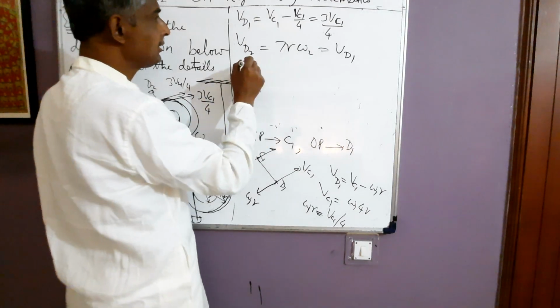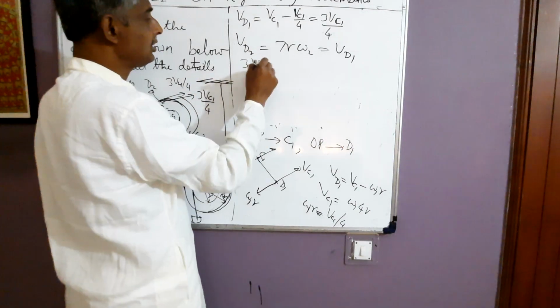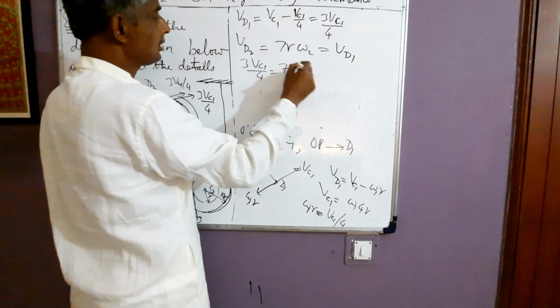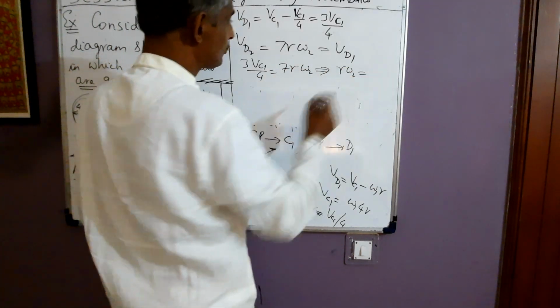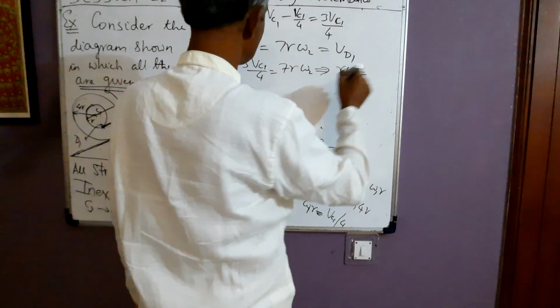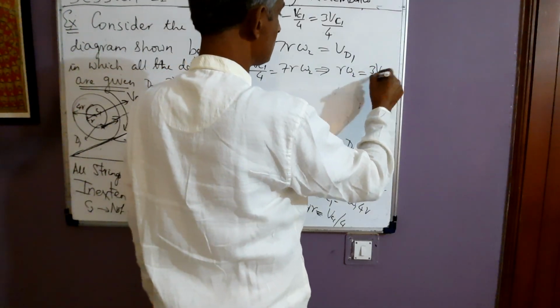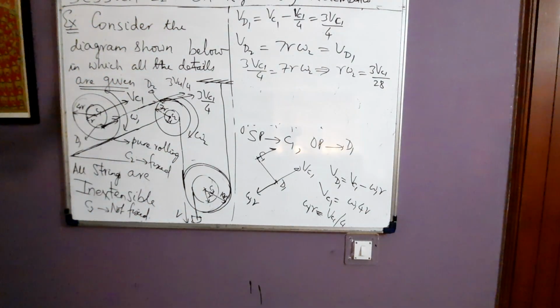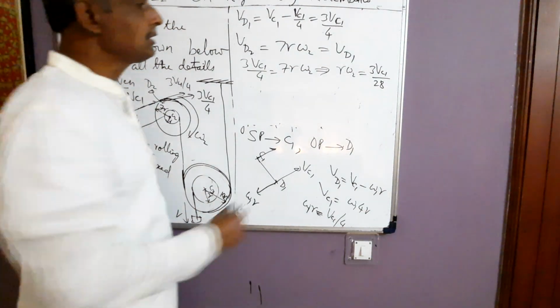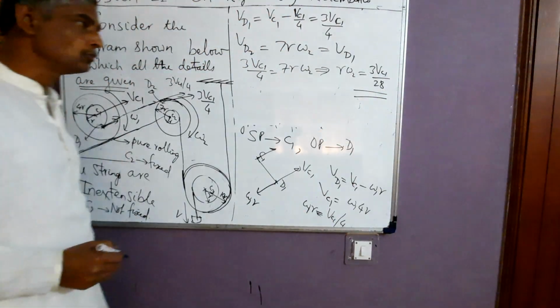So from this we see that 3Vc1 by 4 is equal to 7r omega 2. That means r omega 2 is simply 3Vc1 by 28.